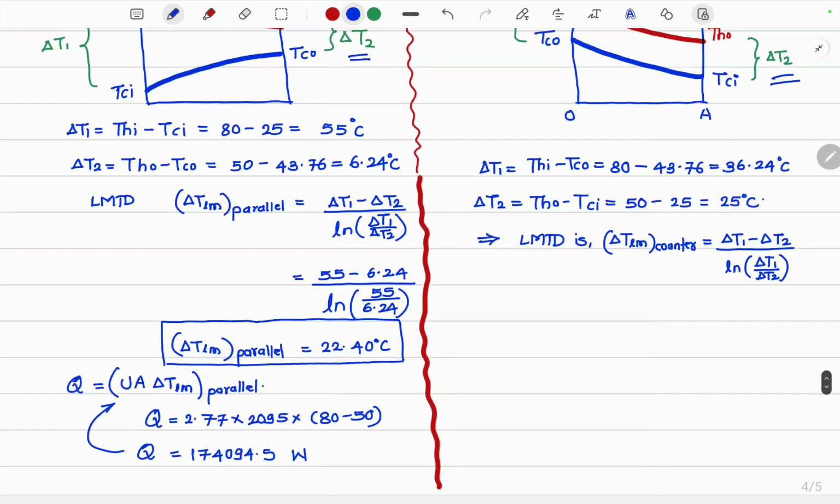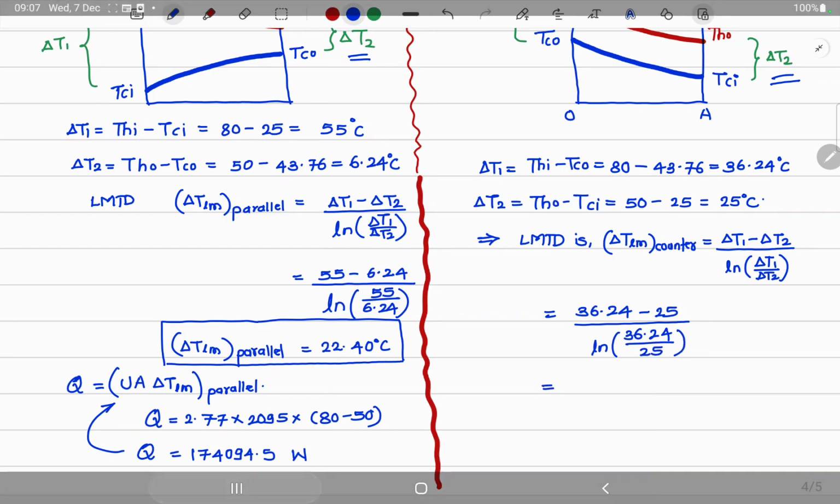Only watching the video will not help, you should do it side by side. So delta T1 is 36.24 minus delta T2, which is 25, divided by ln of 36.24 divided by 25. Let's do it in the calculator.